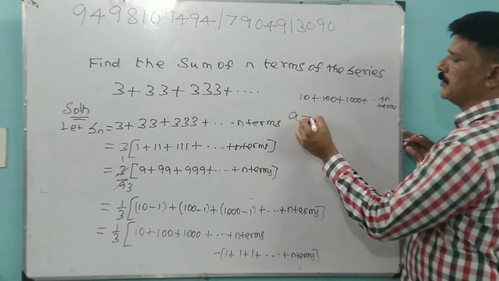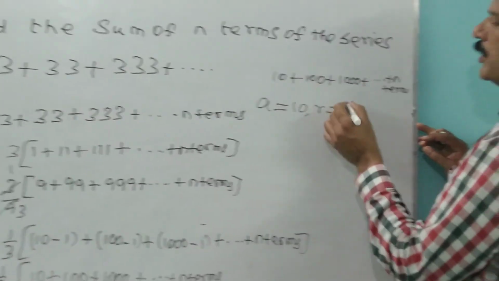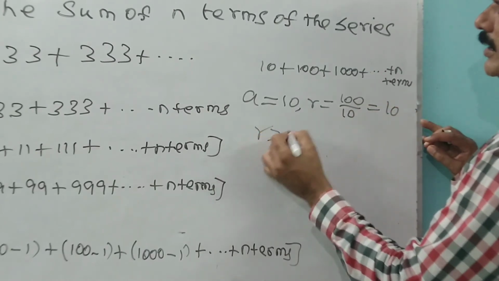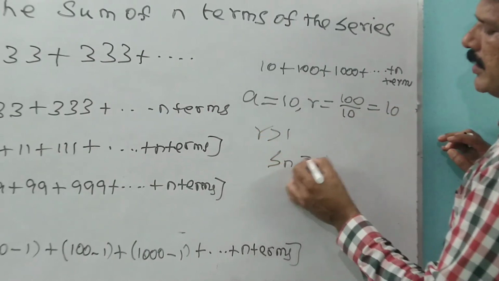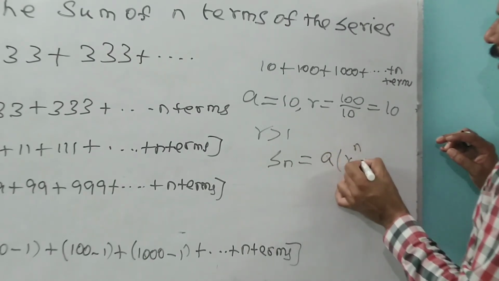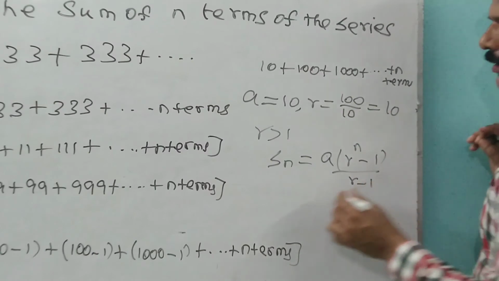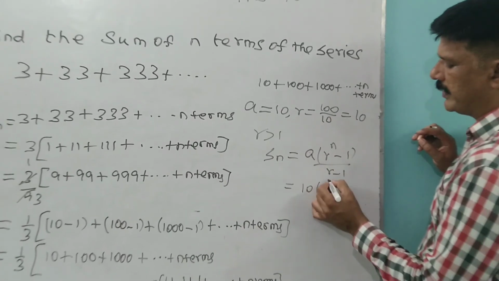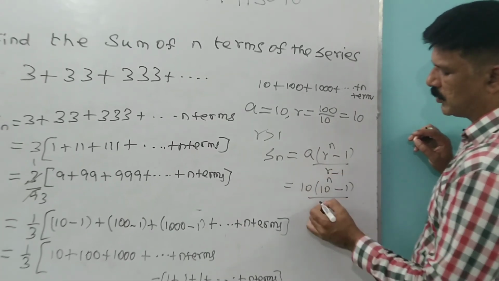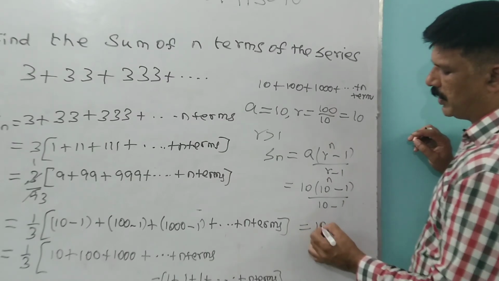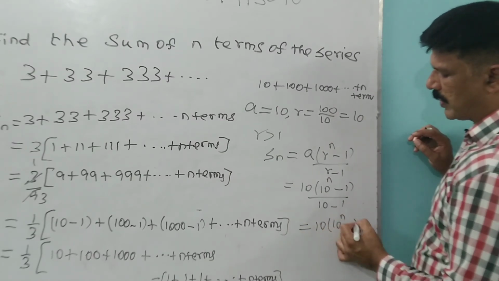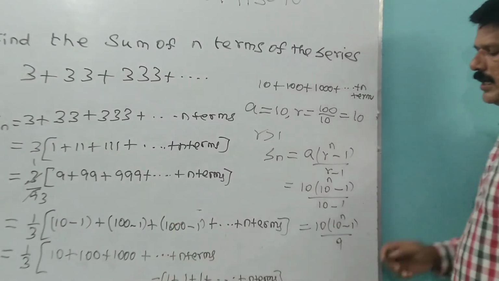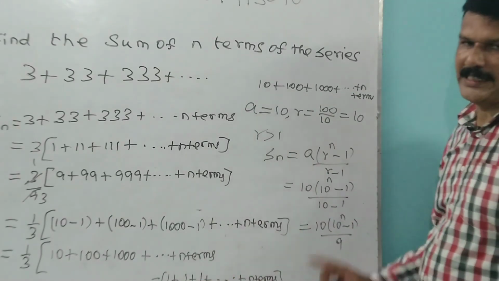Here A equals 10, R equals T2 by T1, 100 by 10 equals 10. Here R is greater than 1, so Sn formula, Sn equals A into R power n minus 1 divided by R minus 1. Here A value is 10 and R is 10, so 10 into 10 power n minus 1 divided by 10 minus 1, equals 10 into 10 power n minus 1 divided by 9. This is the sum of the first series. Already we know the sum of the second series is n.